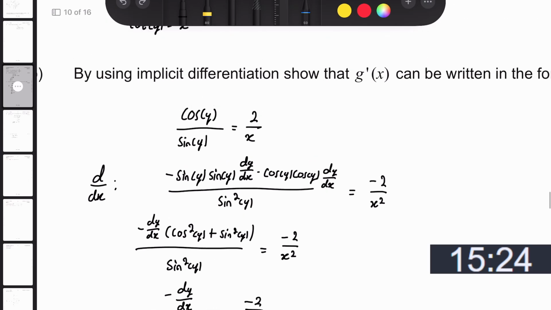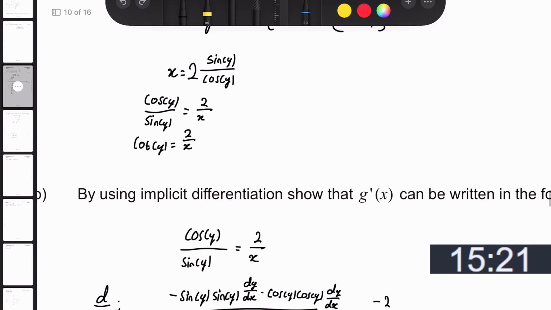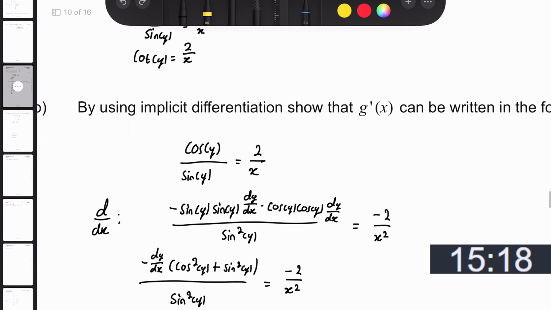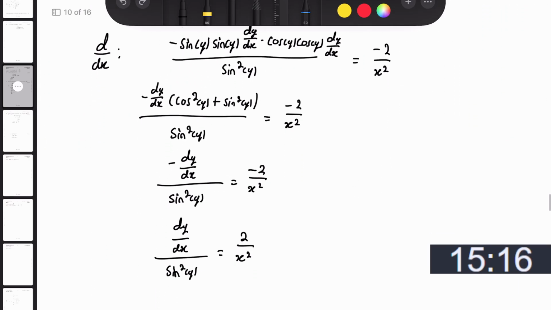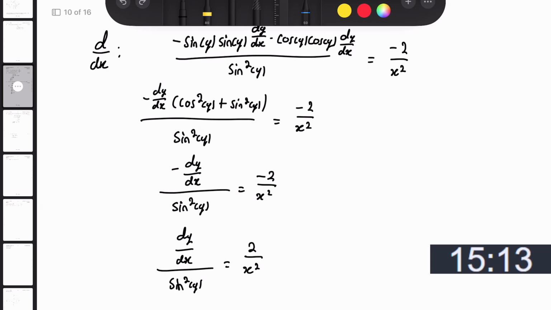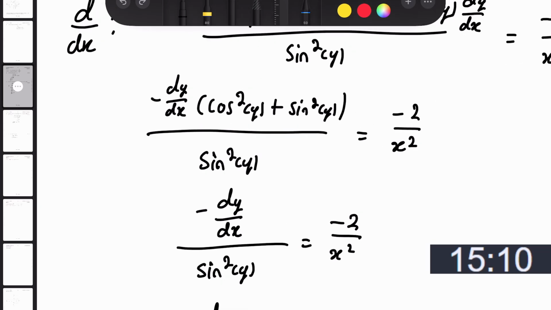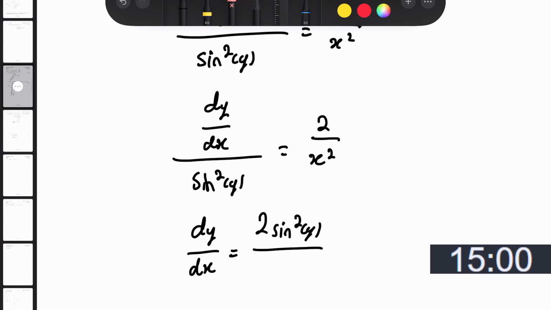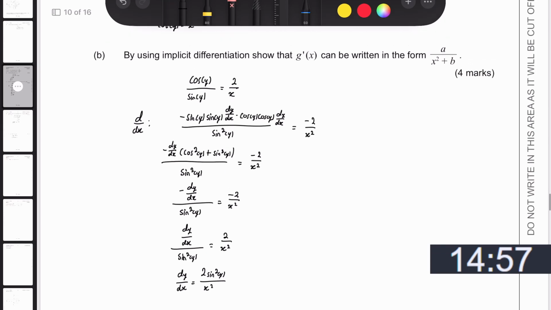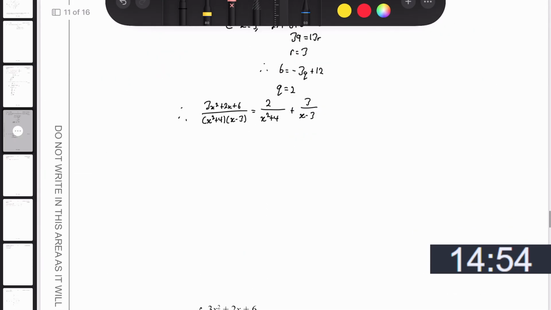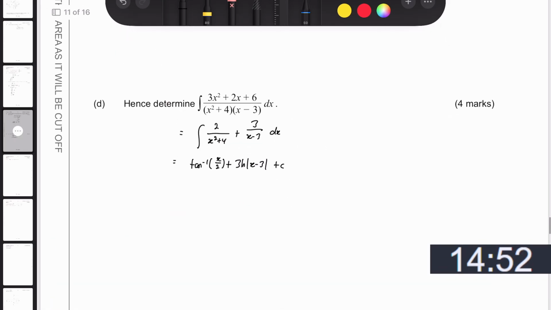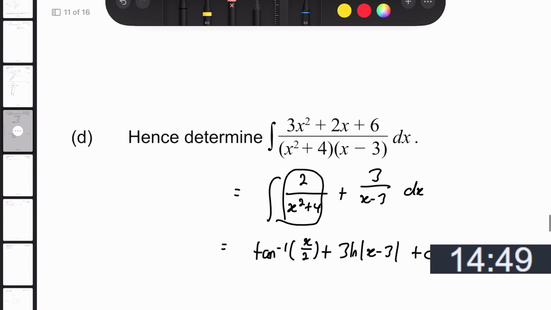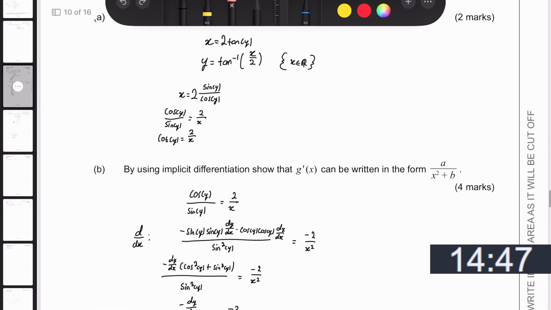This one, whole square. Not exactly sure where it's going. And then this one, I assume this was just from part B up here, but I don't know how.